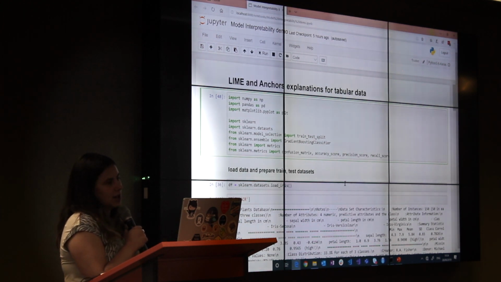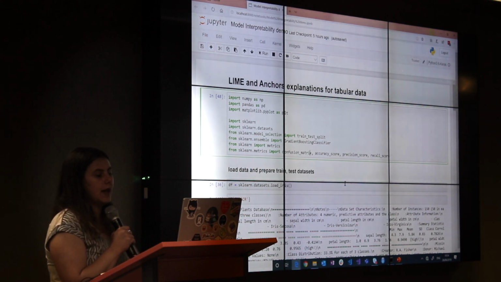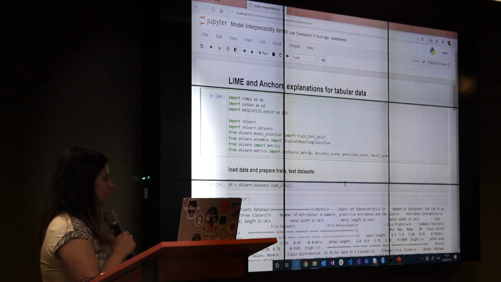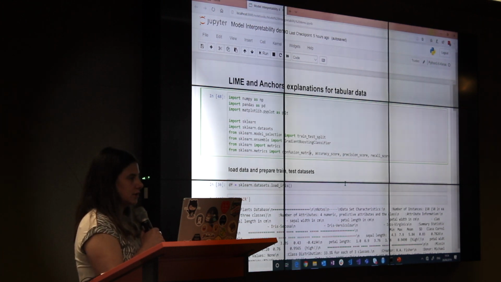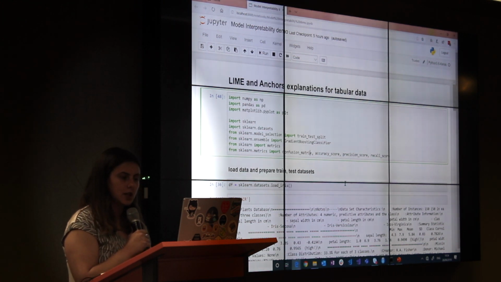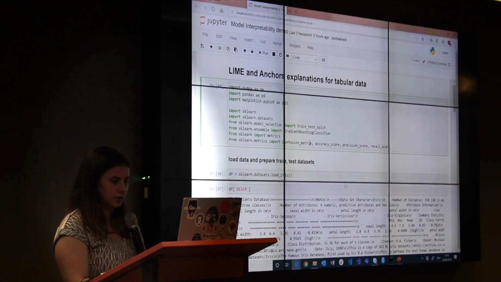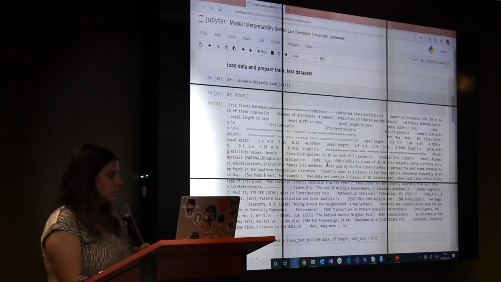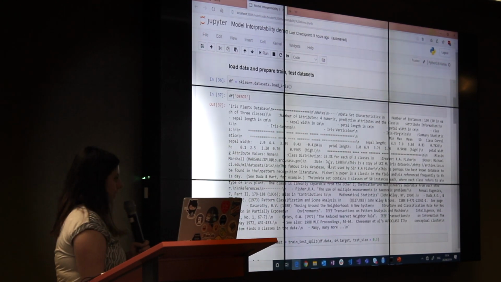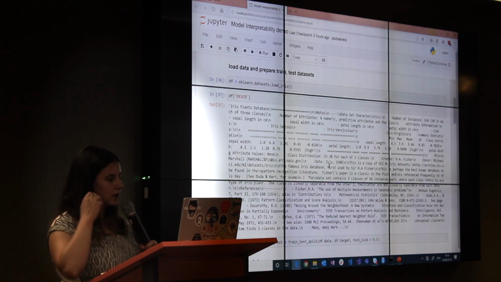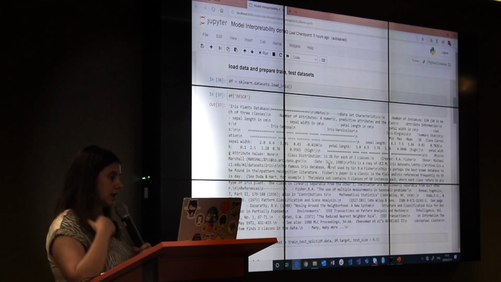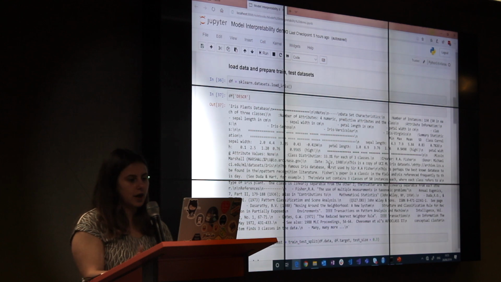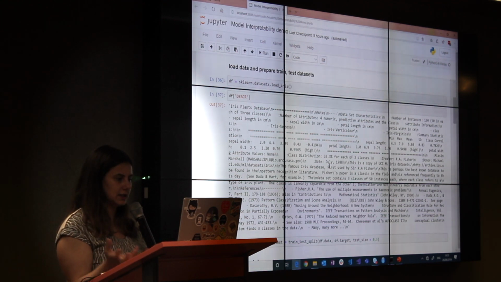This example is just using the pure GitHub code, not using any additional libraries. Both LIME and Anchors are now in a lot of other libraries, but here we're using the original ones. I'm going to go very quickly, and do stop me if there's something unclear. It's loading the iris dataset from scikit-learn.